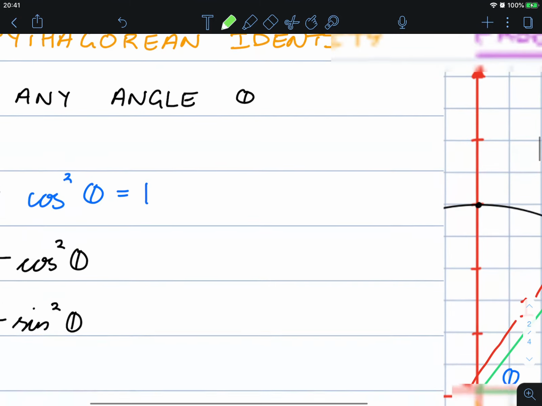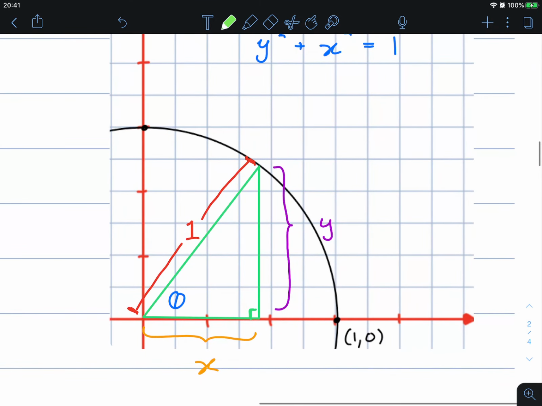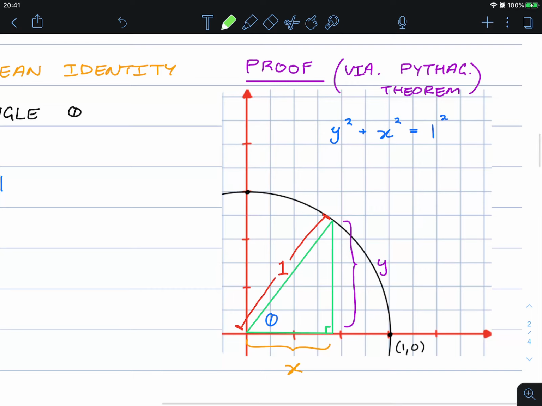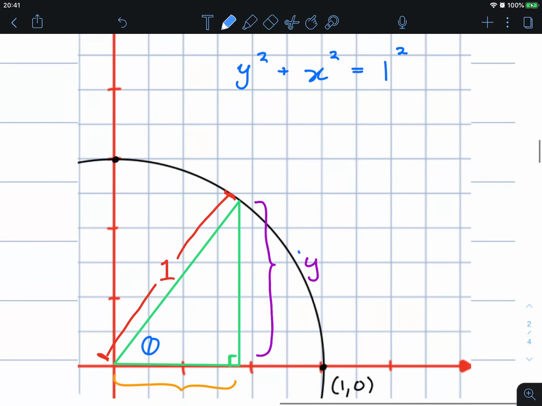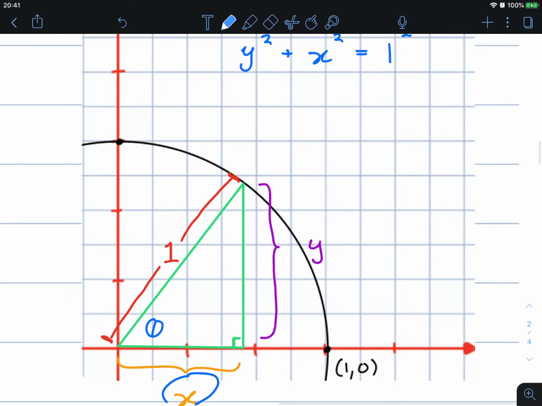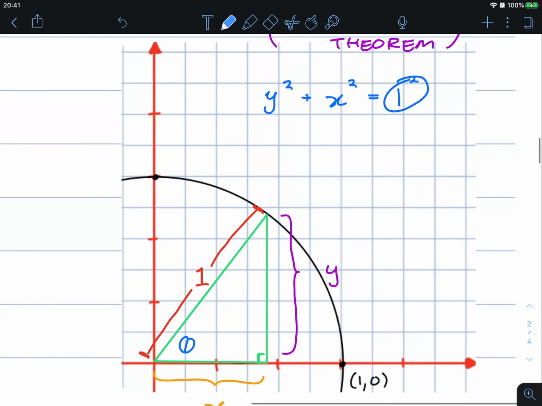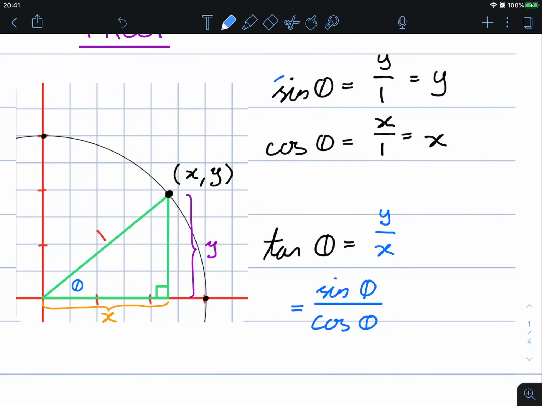And here's the proof of how this might happen. So from the unit circle once again, and the Pythagoras theorem, we can say that y squared plus x squared equals 1 squared. Well, 1 squared is just 1. But we know that y from the previous is equal to sine.